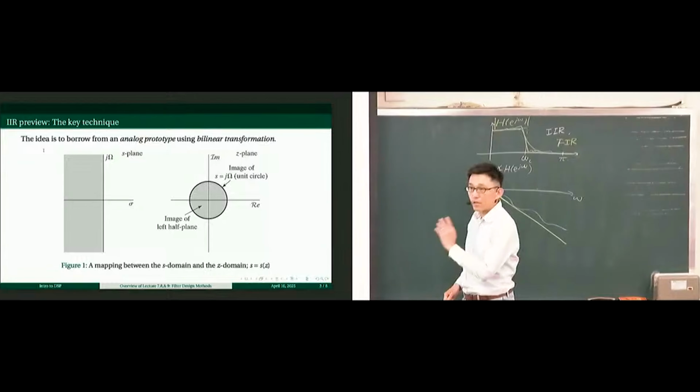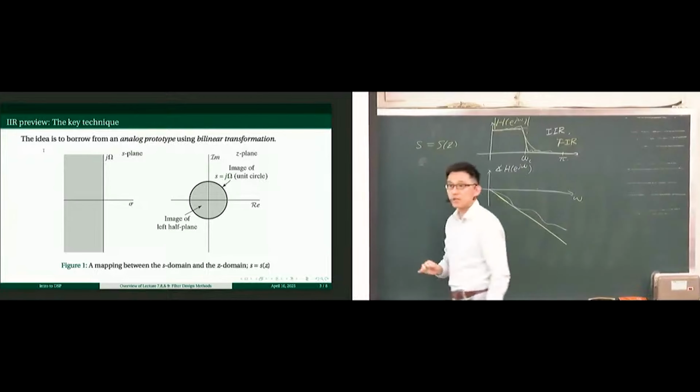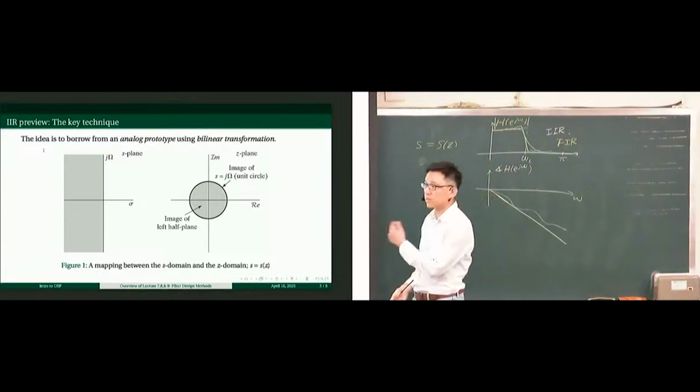So it's a mapping. Okay, so bilinear transformation can be written just generically as S being a function of Z. Okay, so we'll learn that. It's going to be a mapping between the two complex planes.